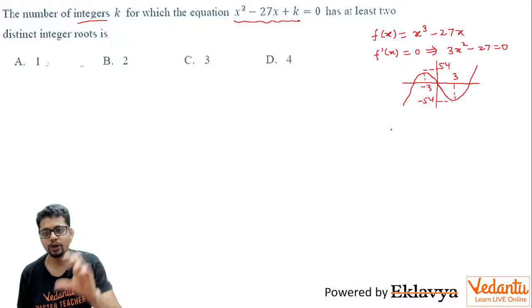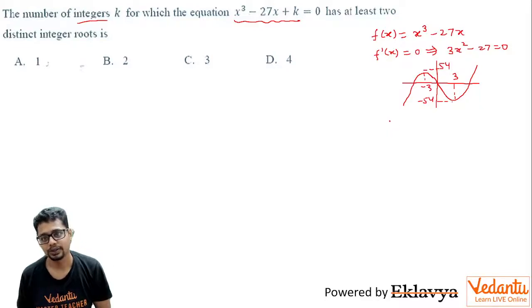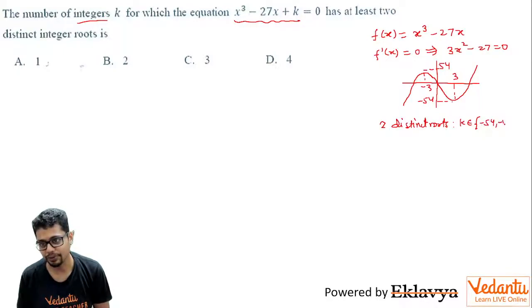Because beyond that there wouldn't be even two distinct roots. So for two distinct roots k should be in this interval. Since we are talking about integral values of k, it can be minus 54, minus 53, and so forth up till 53, 54.